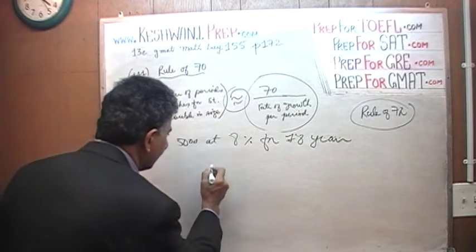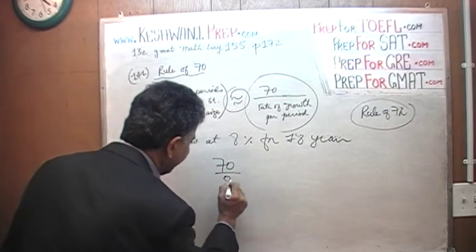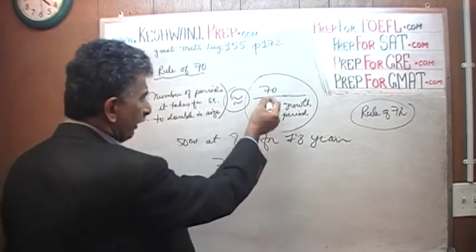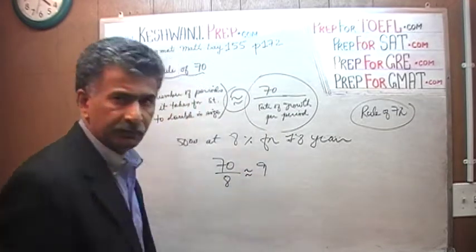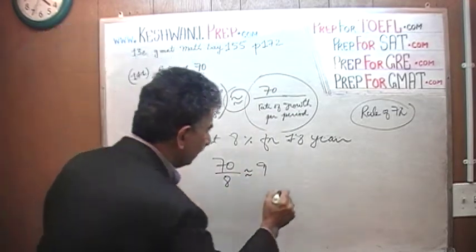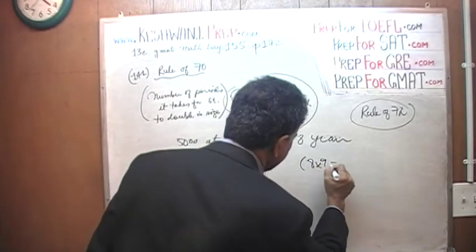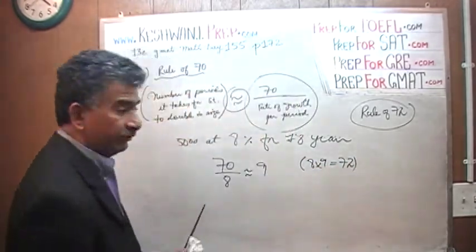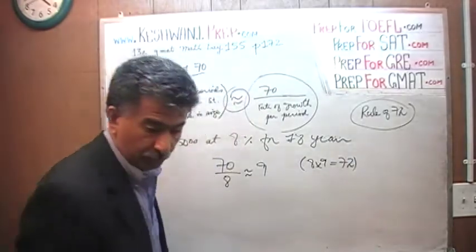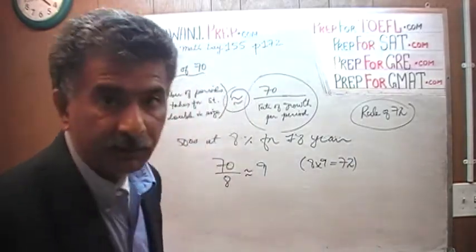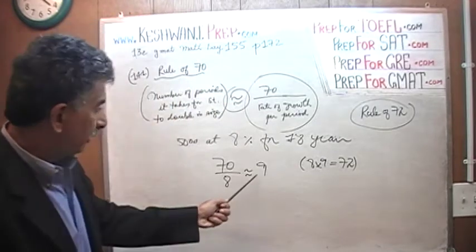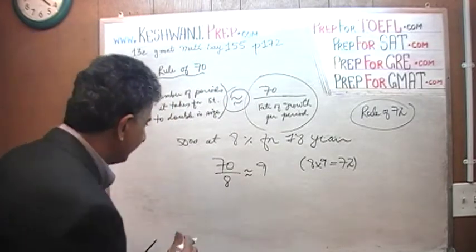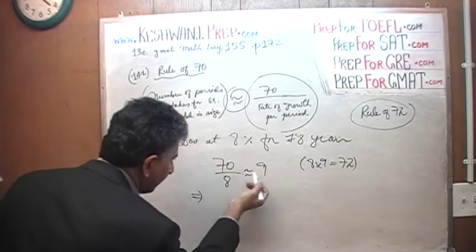Let's find out. 70 divided by 8, that's your 70 divided by rate of growth, is approximately 9. Why? Because 8 times 9 is 72. In other words, if you were to use the rule of 72, some textbooks talk about 72. Had it been 72, it would have been exactly 9 years, but anyway. So 70 divided by 8 is approximately 9.